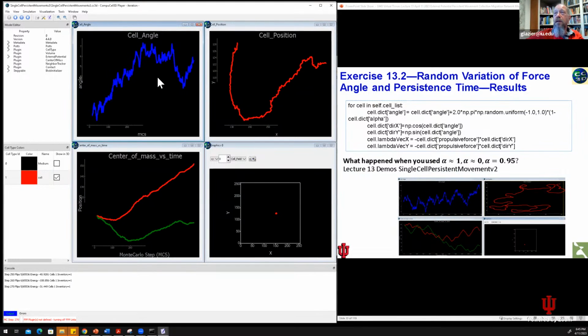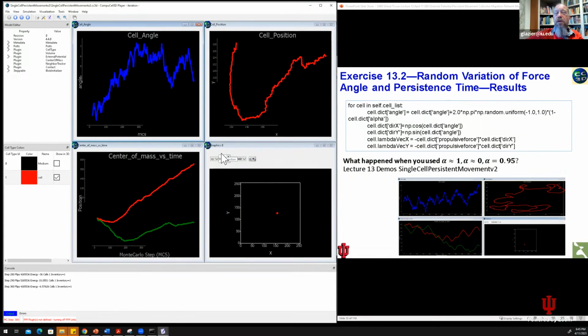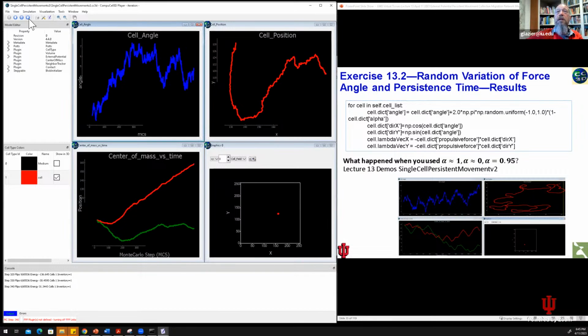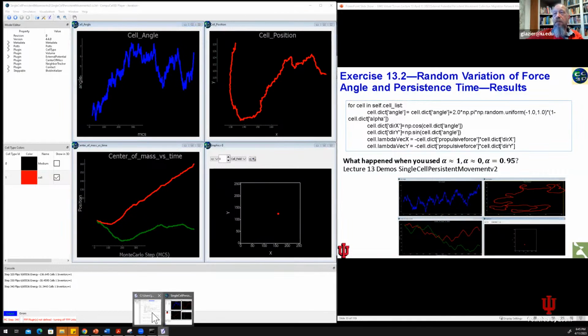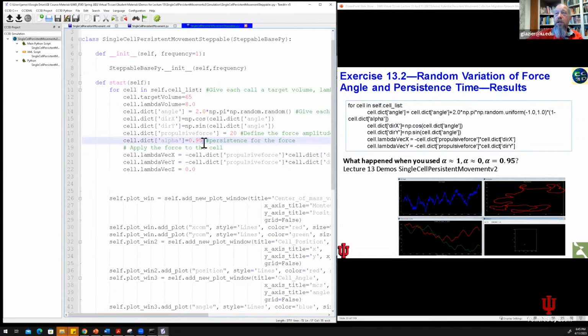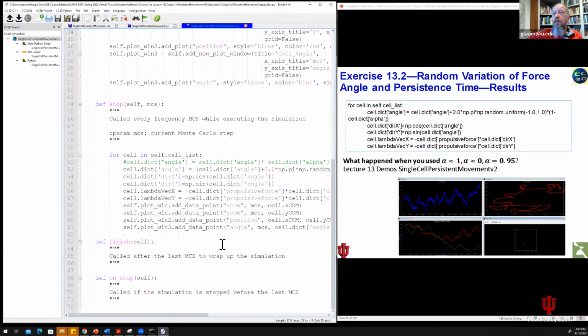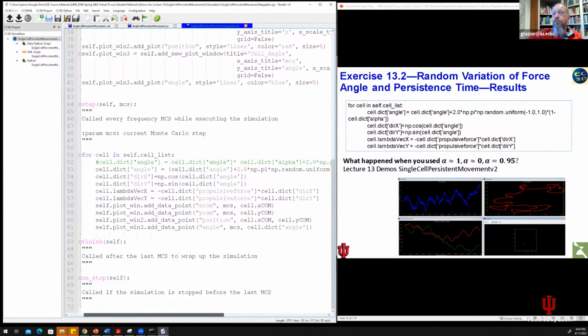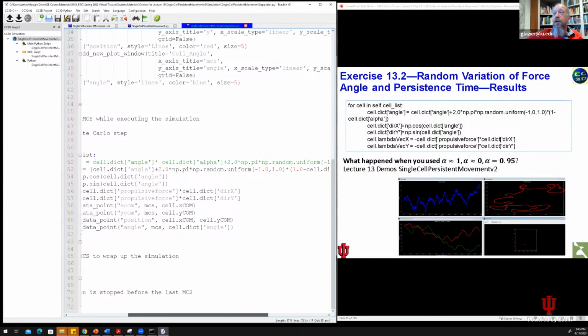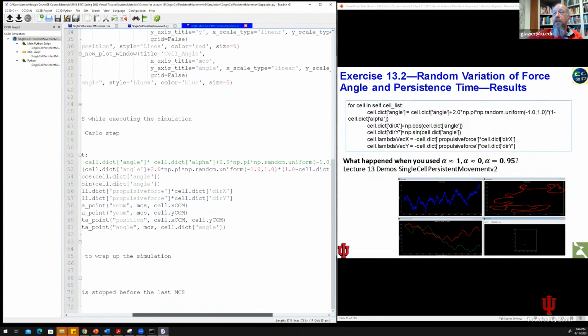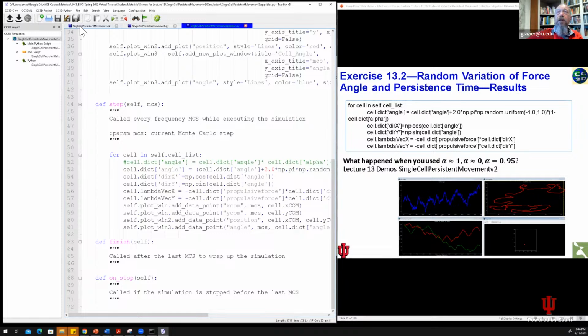Okay. And you can get a sense of the persistence time here. It keeps going in the same direction over a period of about 20, 30 Monte Carlo steps. If I make the persistence time longer, like 0.99, that is uniform random over minus pi to pi, so it should be correct. 0.99.